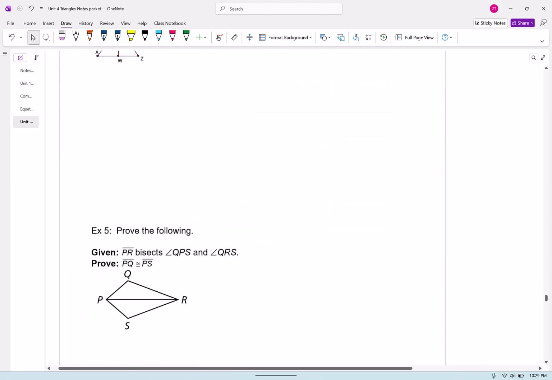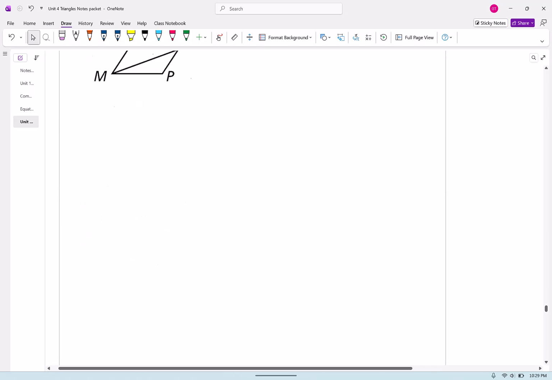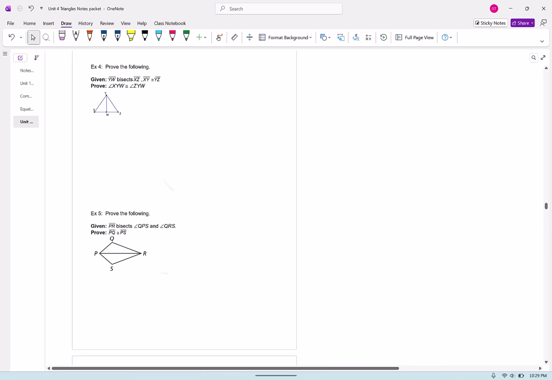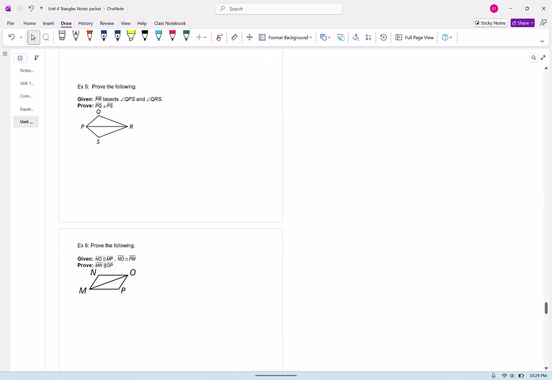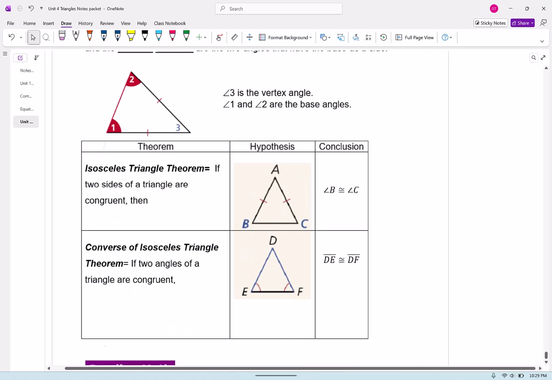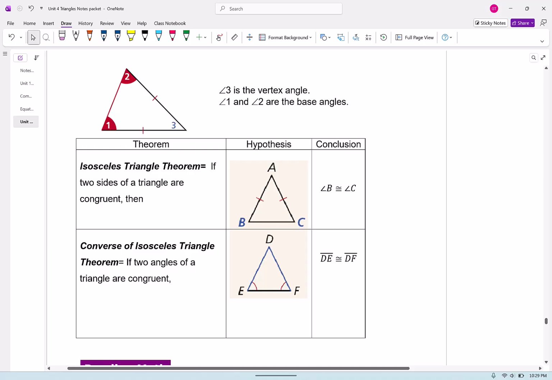We're not going to go into detail about these last few, and we're not going to go into isosceles triangles in those details either. Hey, just so you see that.